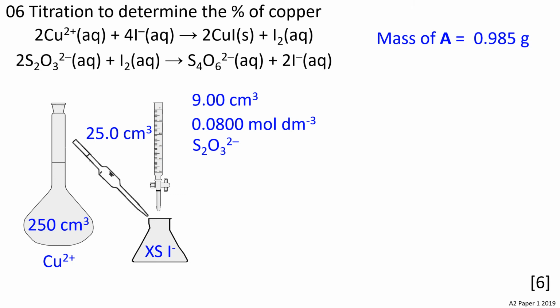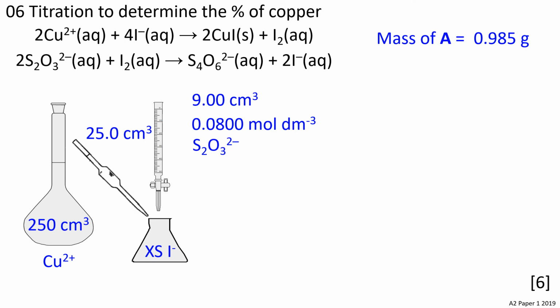So divide the thiosulfate by 2 to get iodine, times the iodine by 2 to get the amount of copper 2+ ions. If we work out the amount of thiosulfate from the burette, we can then use that to work out the amount of copper 2+ ions that are present at the beginning of the reaction.